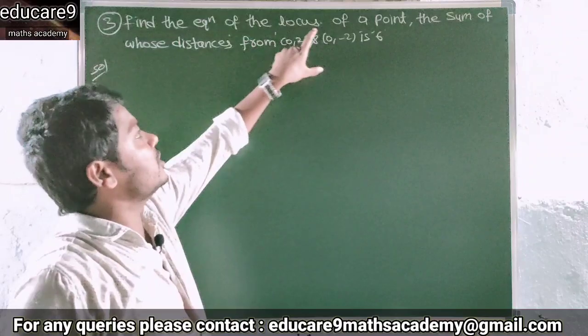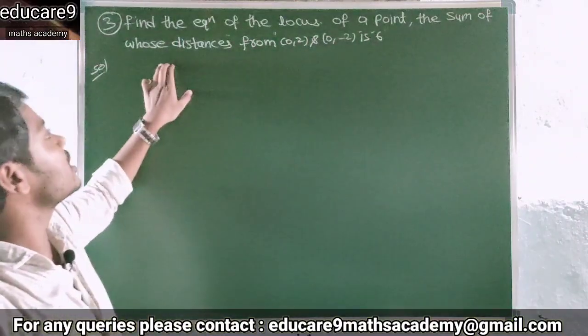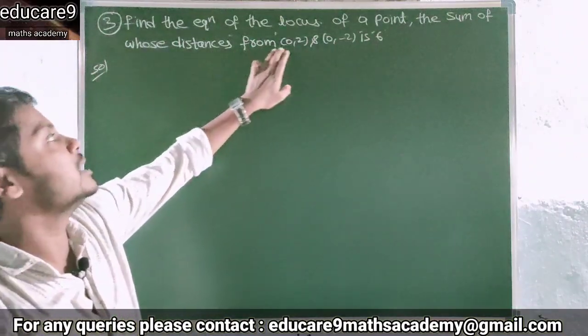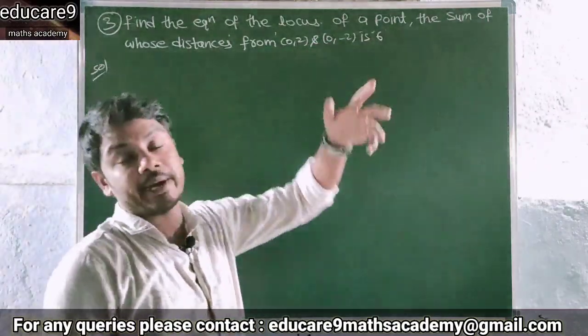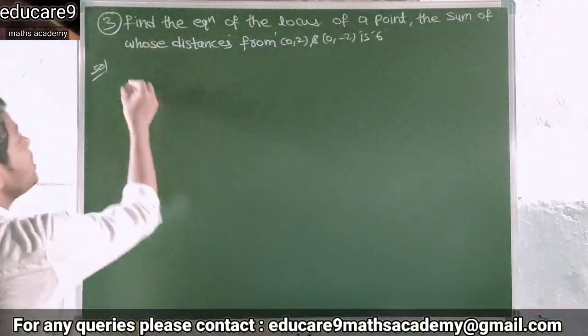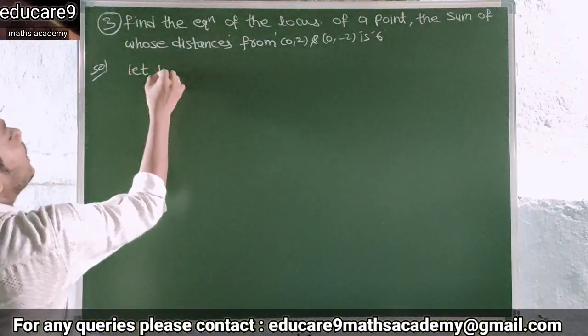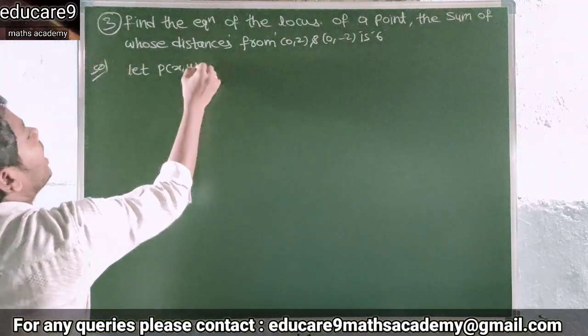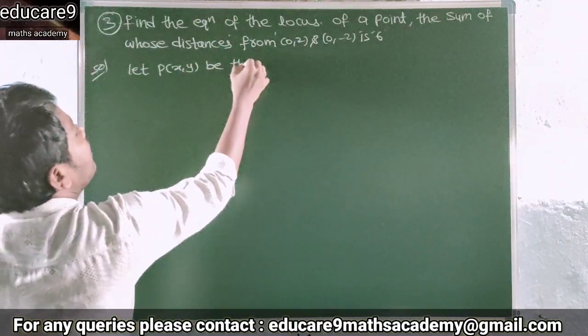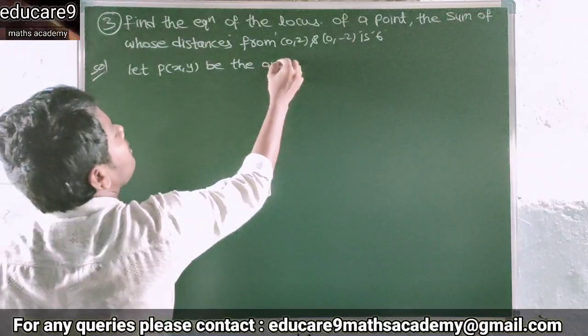Find the equation of the locus of a point, the sum of whose distances from (0, 2) and (0, -2) is 6. So see here, first let P(x, y) be any point on the locus.